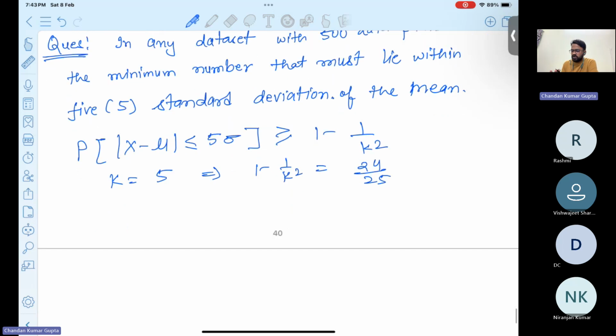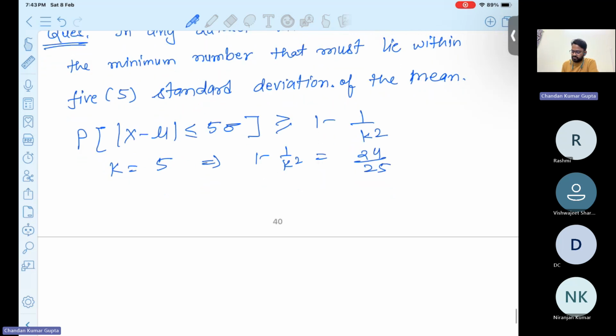So the probability that the data set lies within the 5 sigma limit is 24 upon 25, which is very high. Now we need to find the number of data sets.